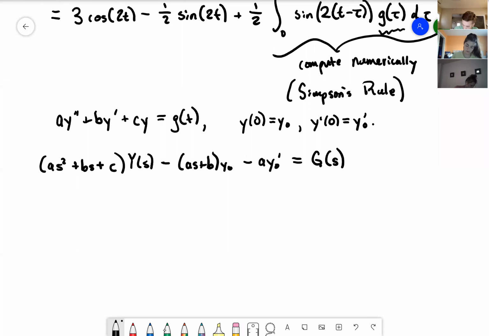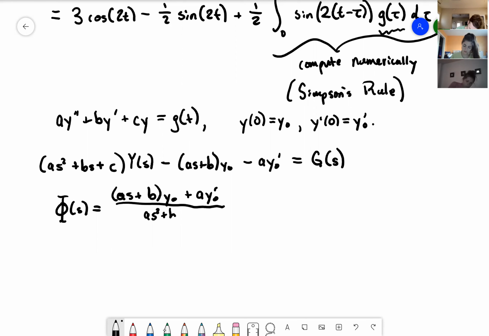Now, if we rearrange these things, we can rewrite it in just the same form we had before, where the first part we'll call capital phi. This will be as plus b times y0 plus a y prime 0 over the characteristic polynomial.